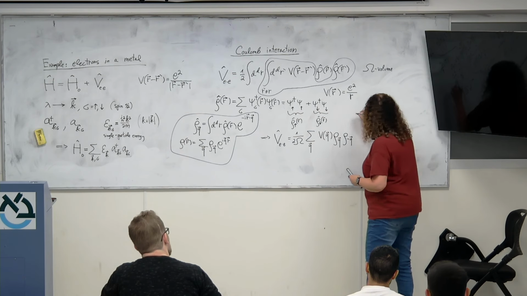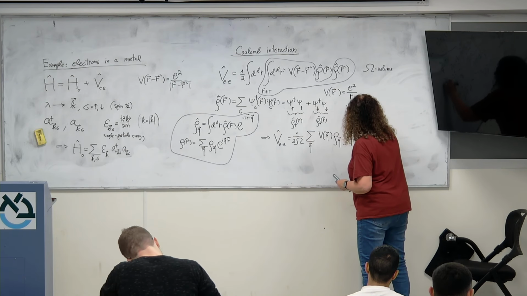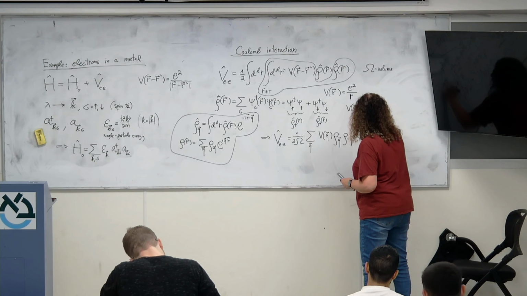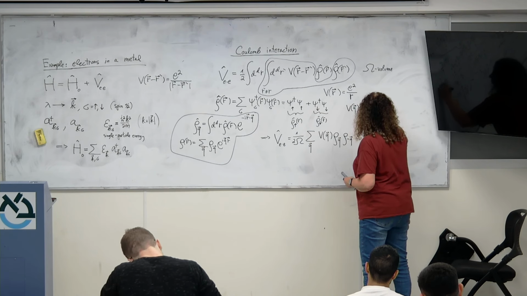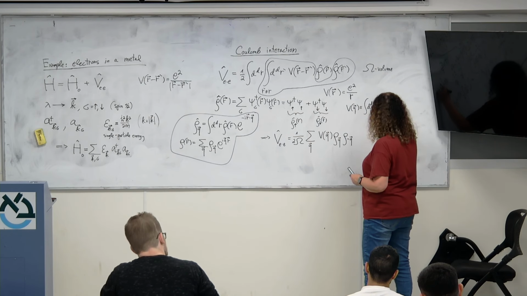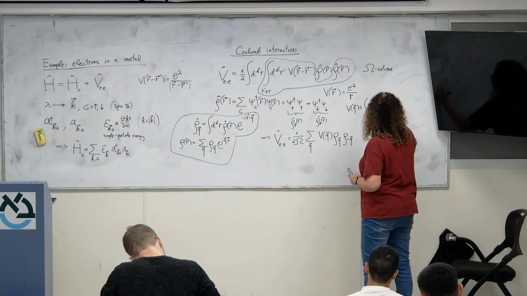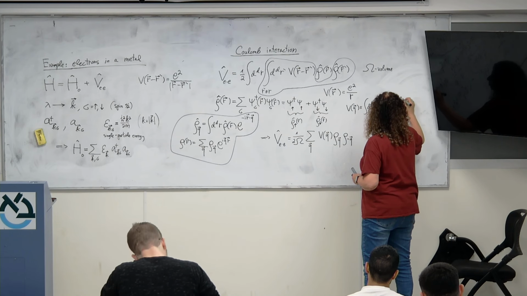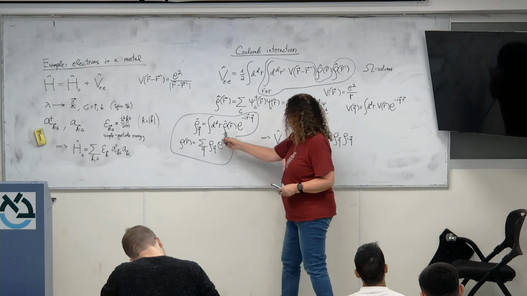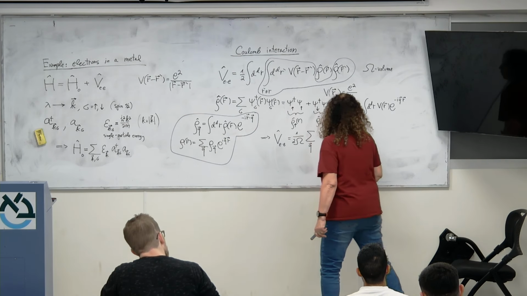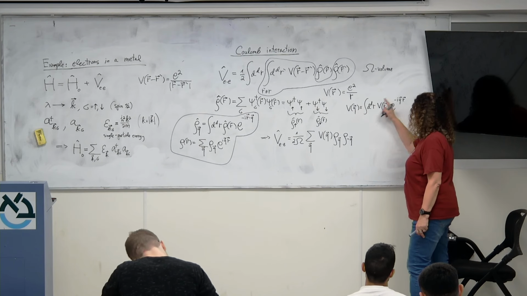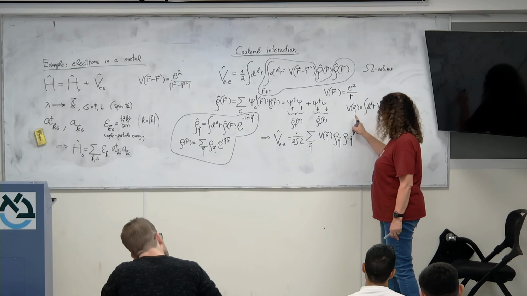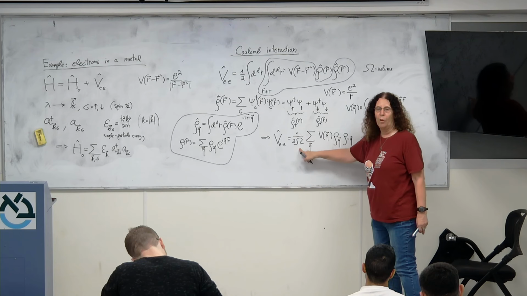This is just the definition, just like what we defined for rho, and it's defined in this way, and that's why the normalization gives you a 1 over volume.